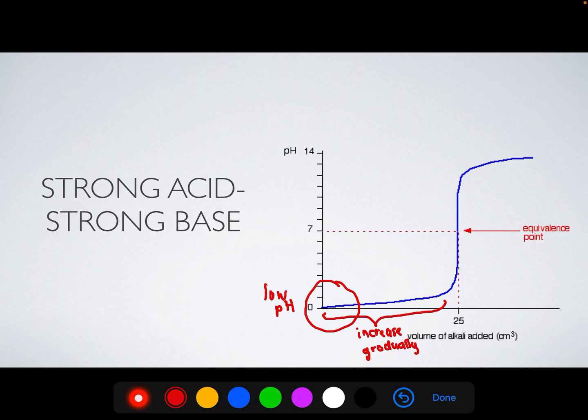Jadi kita punya pH tu akan makin lama makin tinggi kerana concentration of the H+ yang ada dalam kita punya conical flask tadi tu akan dineutralkan oleh strong base. So makin lama concentration of H+ tu akan semakin berkurang dan pH kita akan makin lama jadi makin tinggi. Tapi dia akan increase secara gradually, iaitu dia increase sikit demi sikit.